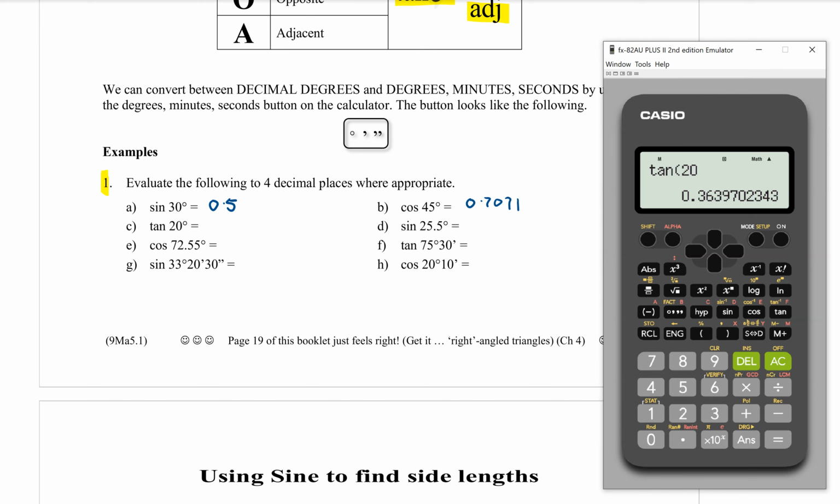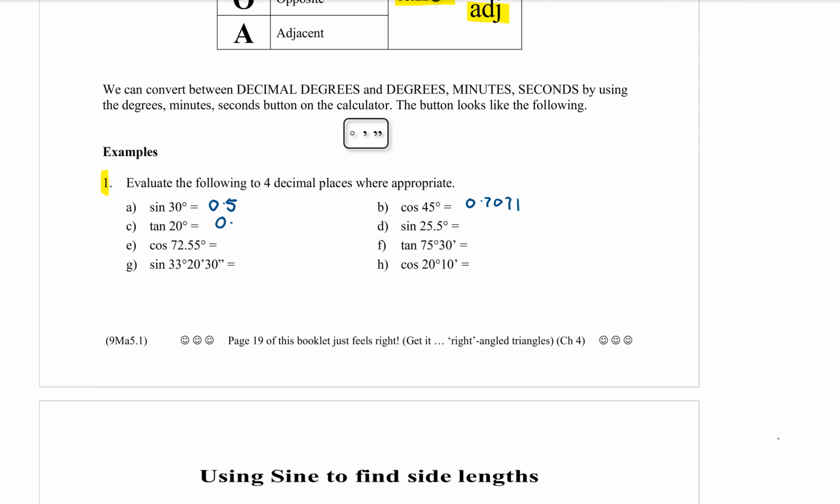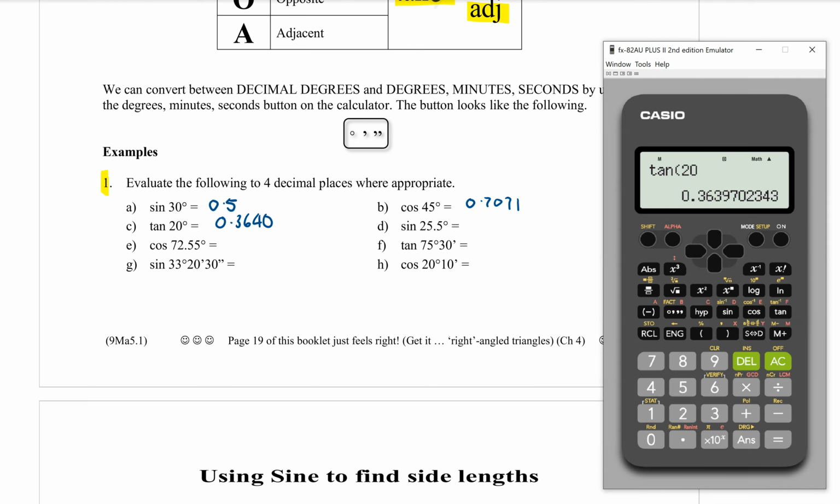So to 4 decimal places, that's 0.36, then we want 39, but the 7 is going to round that up to be 3640. Part D, we want sine of 25.5 degrees. We don't need the degrees button just yet, which equals 0.4305.